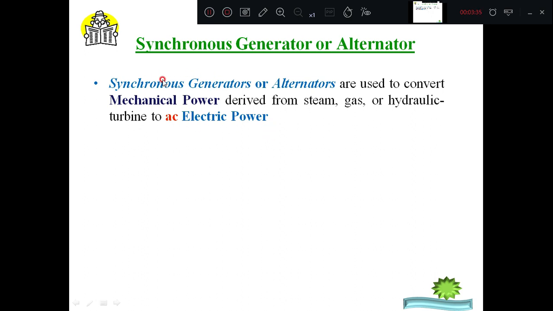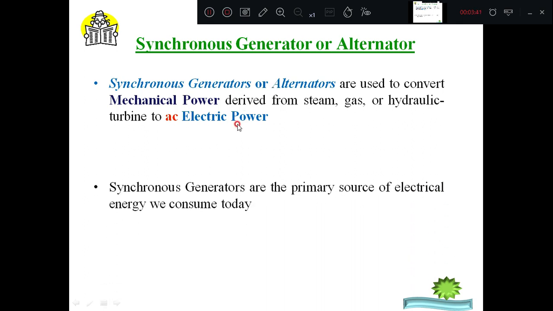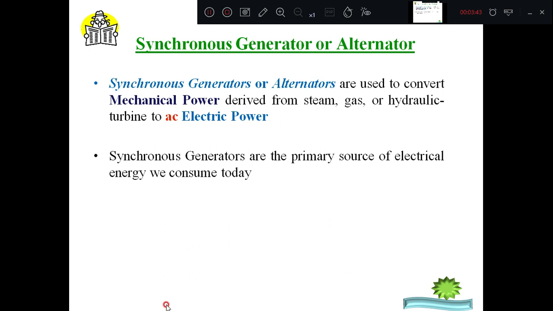The basic function of the synchronous generator or alternator is converting mechanical energy into electrical energy. Synchronous generators are the primary source of the electrical energy we consume today. Whatever electricity we use for different applications is what we get from the alternator or synchronous generator.